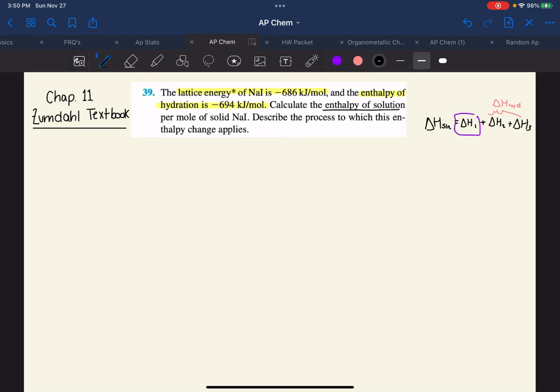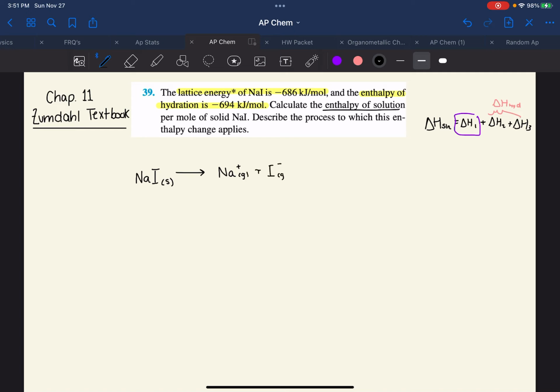But let's start. We're going to start by using Hess's law. So we have sodium iodide here as a solid. And remember, we said that step 1 is a breaking process. So this is going to yield sodium and iodine.